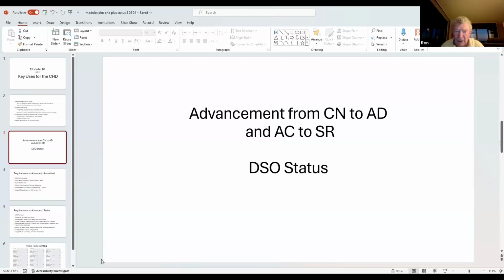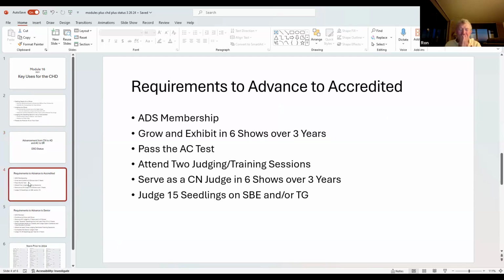Hearing none, I'm just going to go on with the piece that we assured you we would talk about tonight, on everybody's status and how to move forward. So the requirements to advance from a candidate judge to an accredited judge are ongoing and continuing ADS membership.